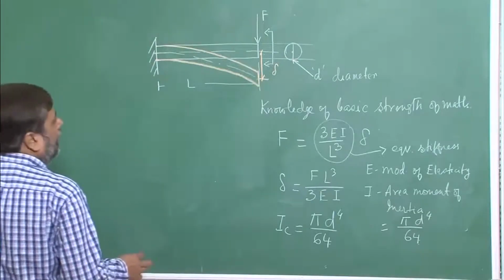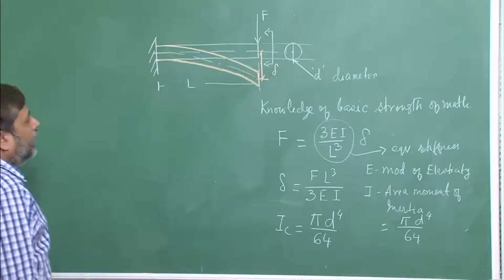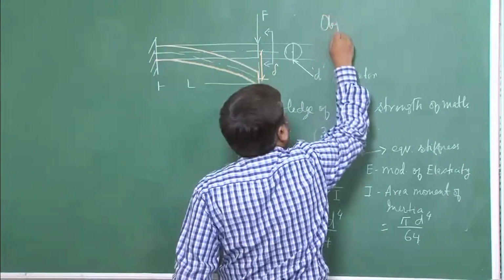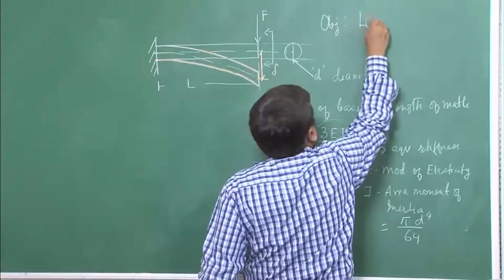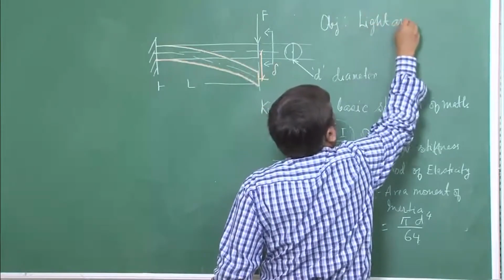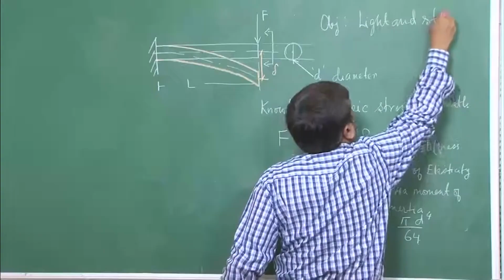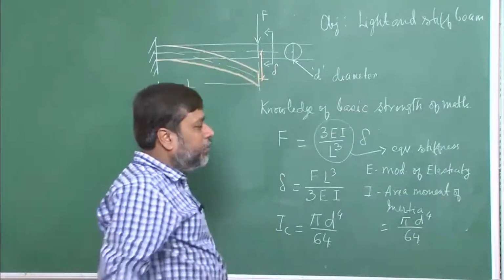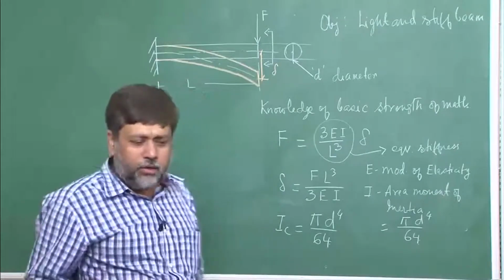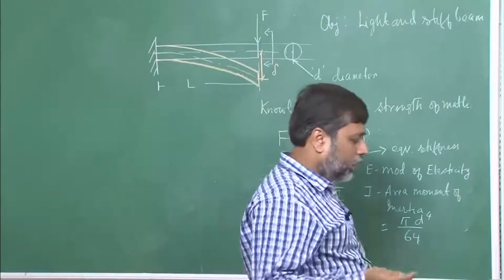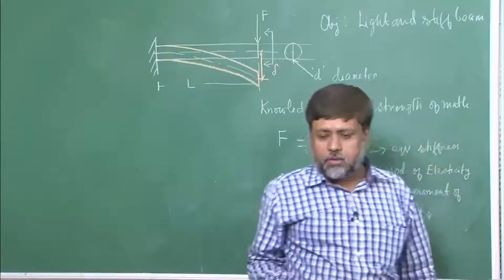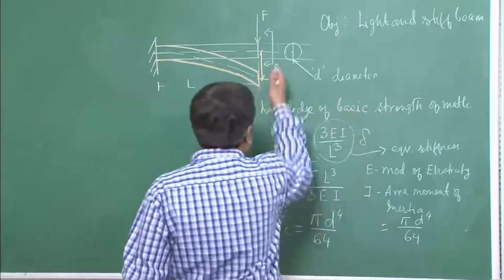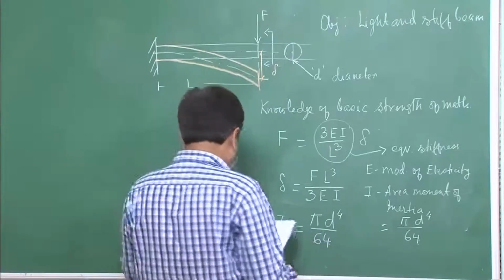The other point is that our objective is to get a light and stiff beam. It should be light enough so that the total weight is less and hence the cost will be less, and it should be stiff enough so that the deflection does not go beyond a particular level.